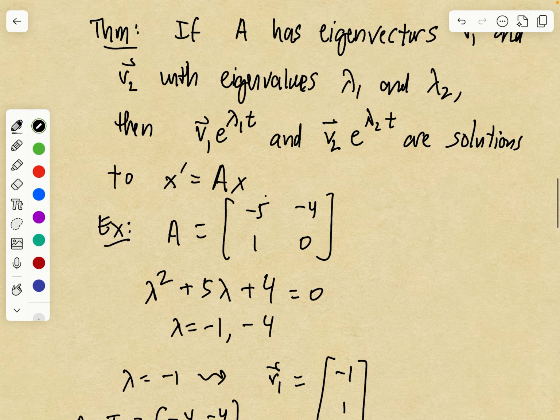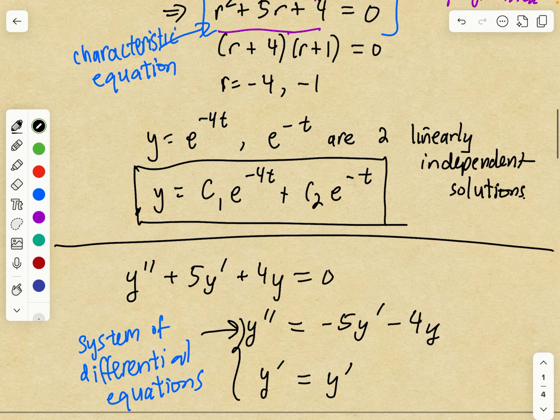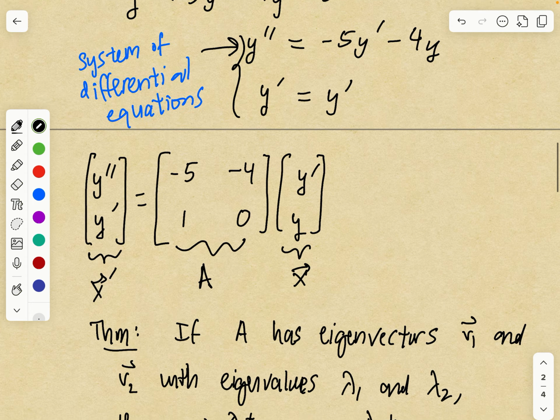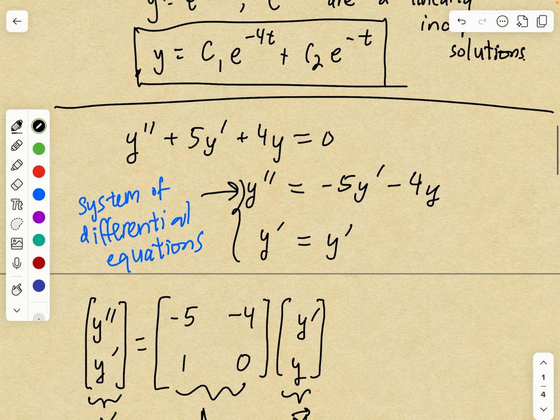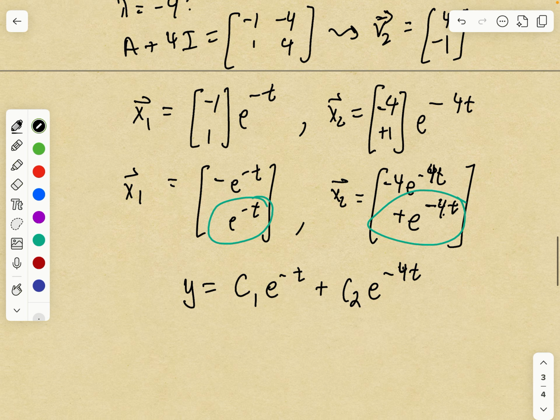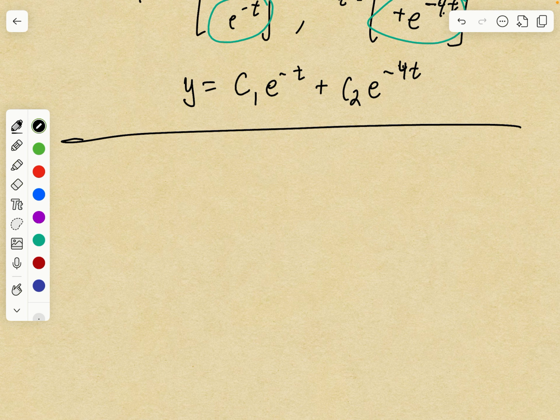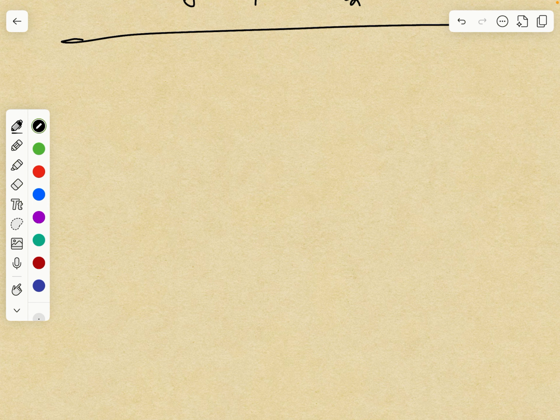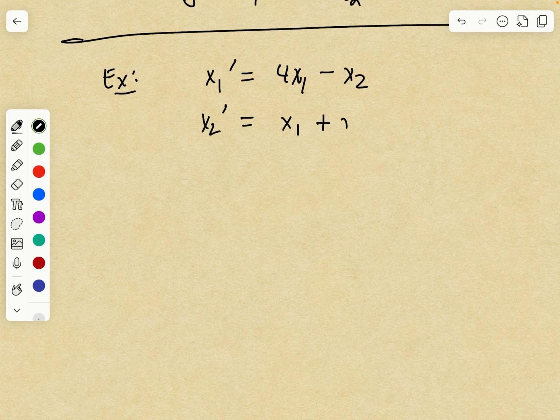And this is just a taste, this is just the easiest example of using matrices to solve differential equations. You can write any second order constant coefficient linear differential equation using matrices like this, but you can solve more general systems of differential equations. So you could have something like x1 prime is 4x1 minus x2, x2 prime is x1 plus x2.